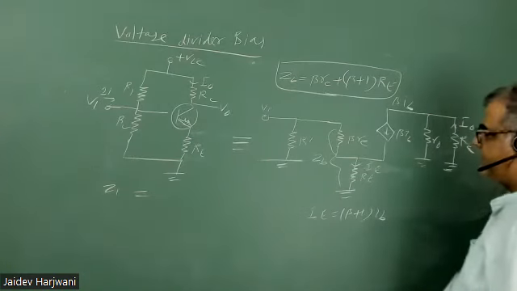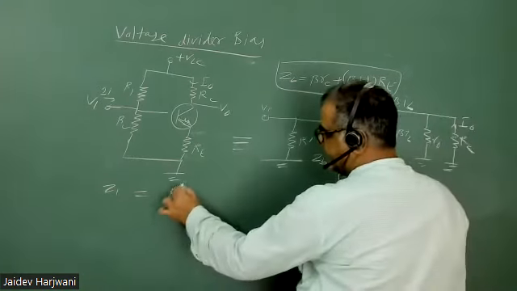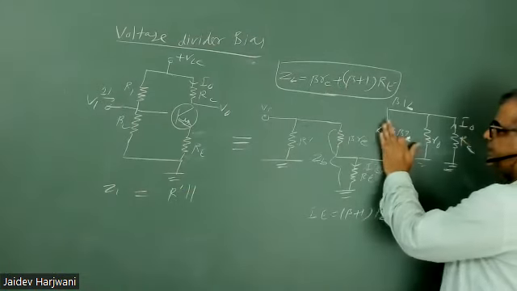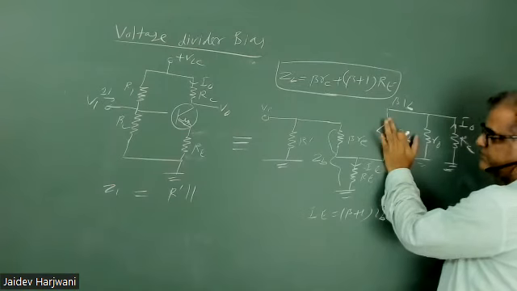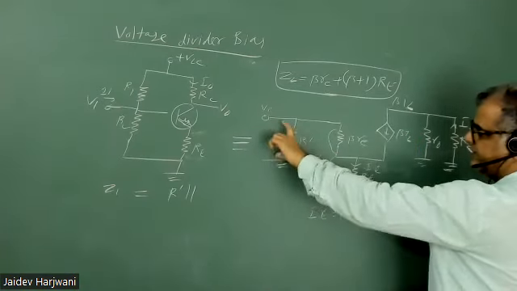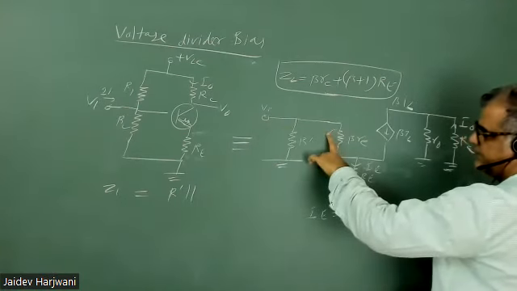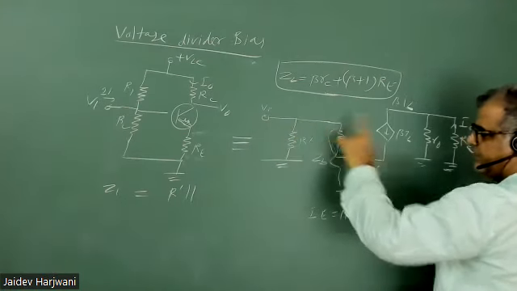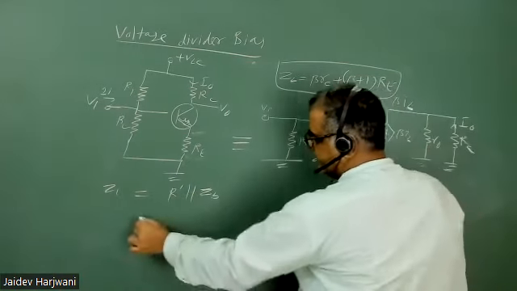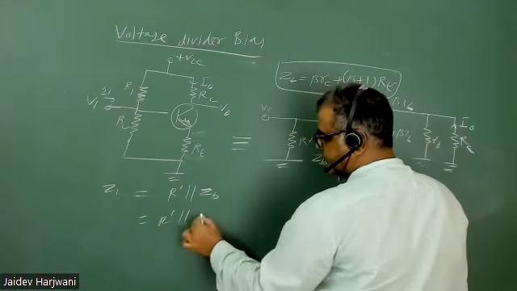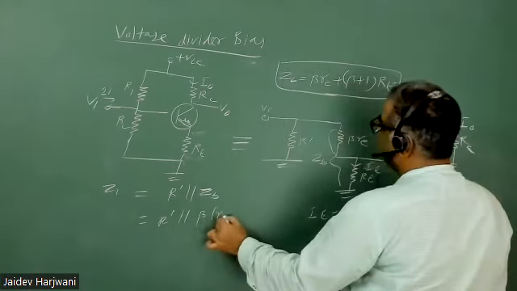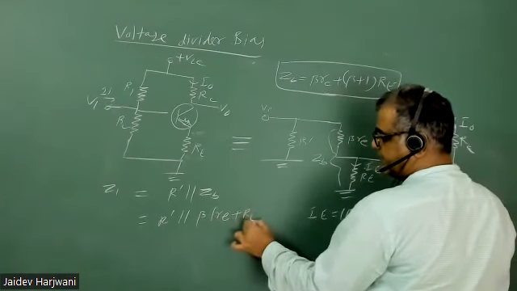So now this time my resistance will become R dash parallel to, if I want to make input impedance, then you have to open this one. Once you open this one, this is separated, and at the input you have one resistance, this one, and this becomes parallel, this and this whole will become parallel, ZB. So this will be your input impedance in this case, where ZB is almost equal to beta Re plus Re.